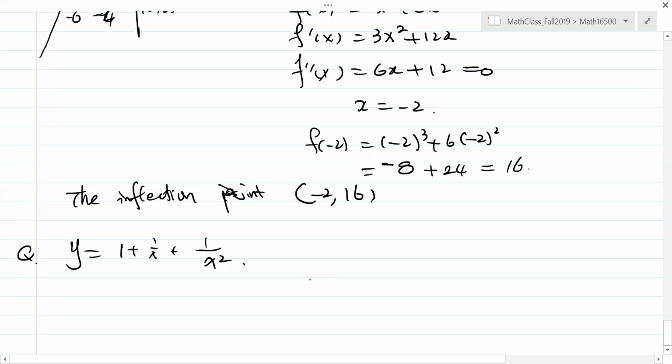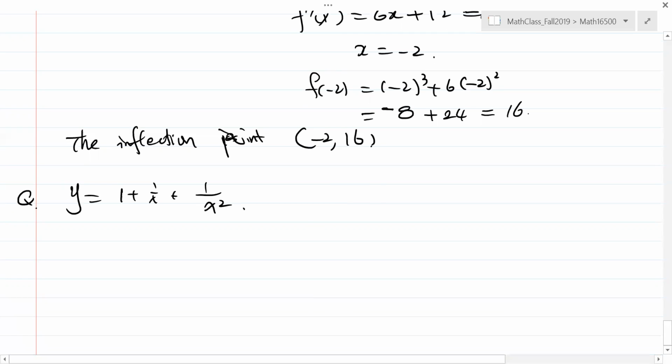Okay, we did it. Let's see the calculation. All right, so how do you draw the graph?